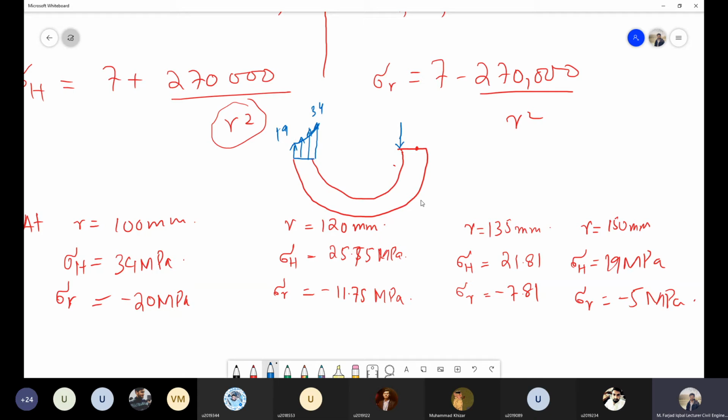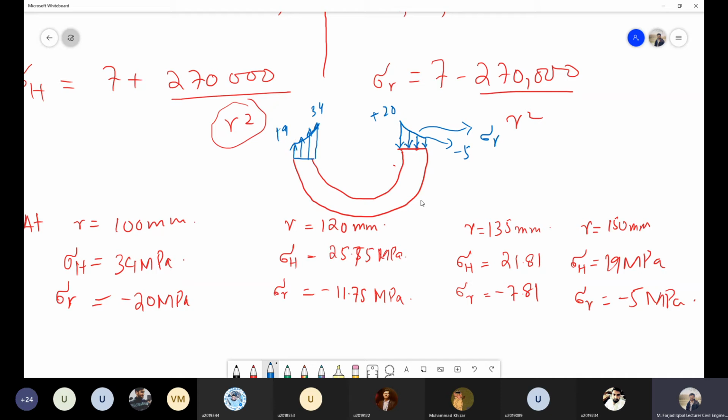So at external diameter, it will be minus 11, then it will be 7, and the final value is 5 megapascal. So this will be the variation of radial stresses along the thickness. The max value is minus 20 and this value is minus 5. So I have just plotted the opposite direction of arrows just to differentiate between the positive and negative sign.